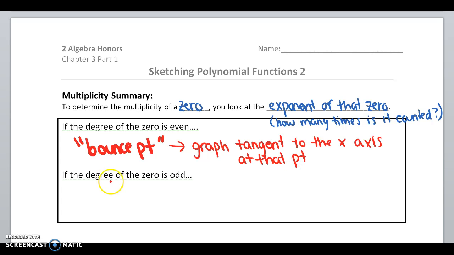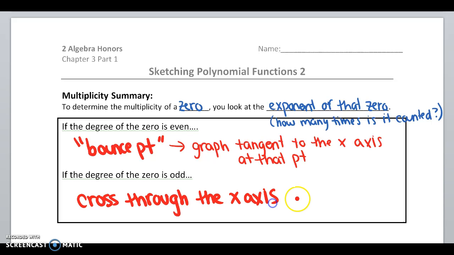And if the degree of the zero is odd, it's not going to be a bounce point, it's going to cross through the x-axis, to be specific, at that zero. I should say zero, not point.